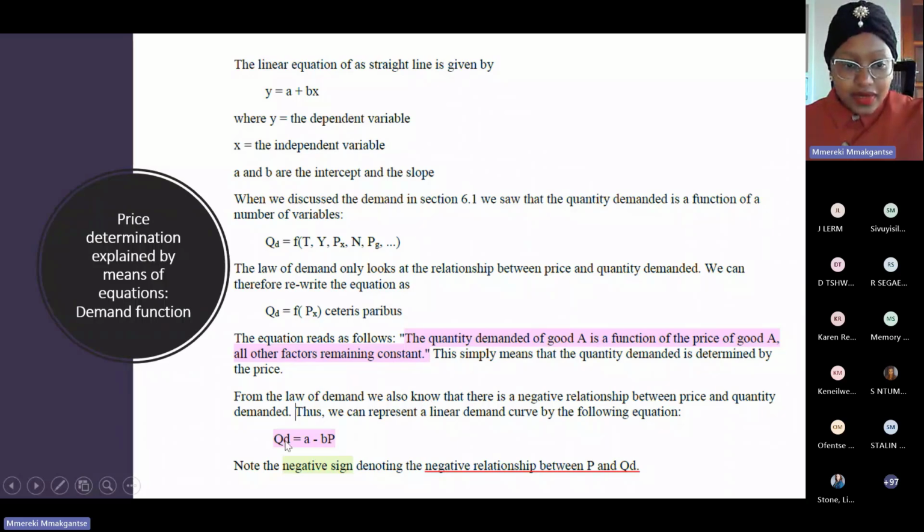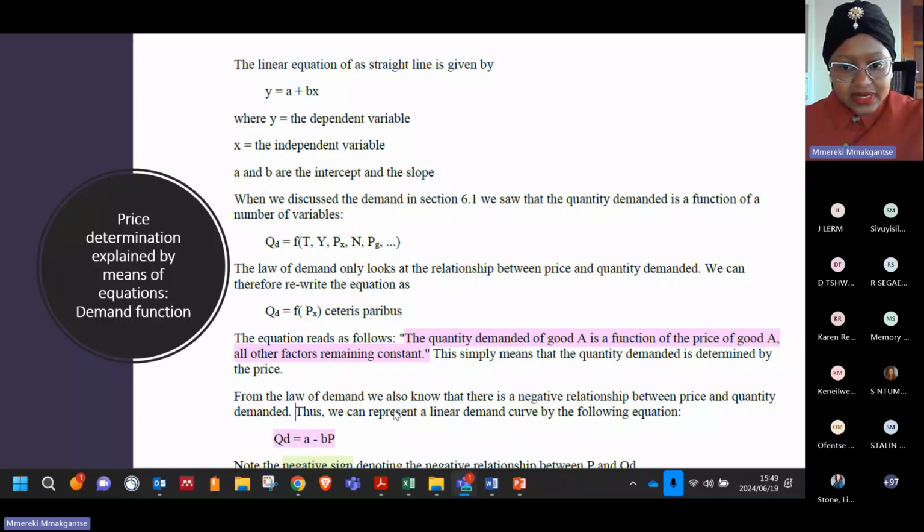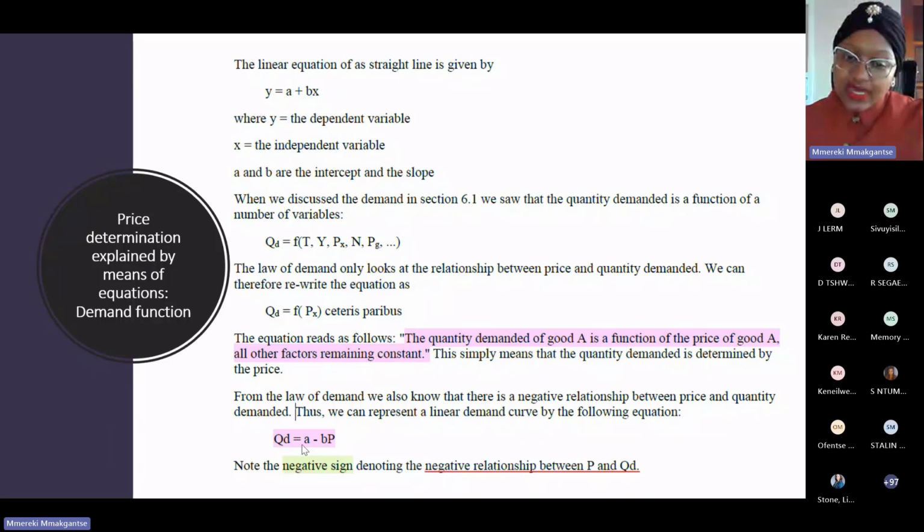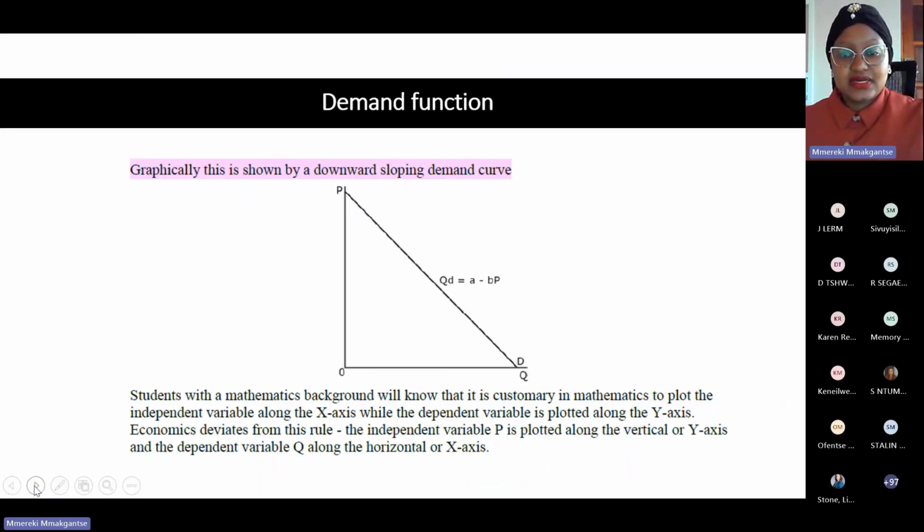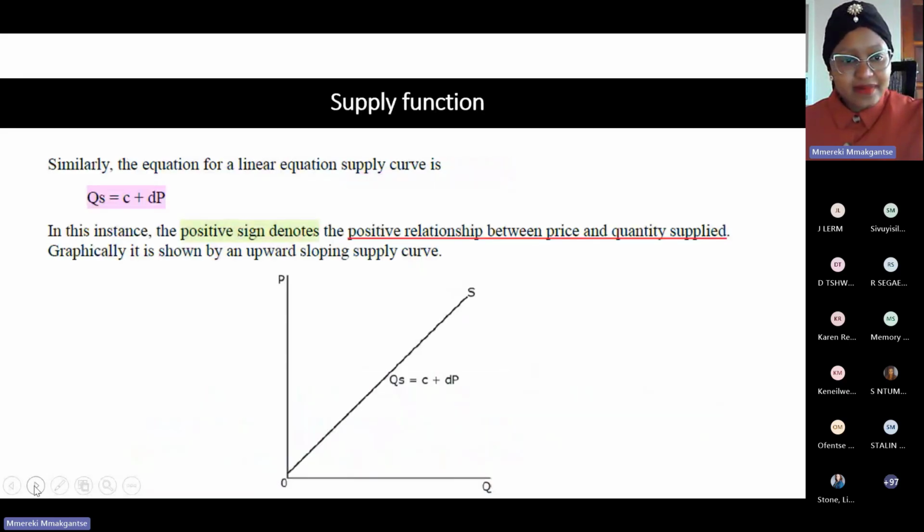We are repeating this because we just did it: in QD, the negative sign denotes a negative relationship between price and quantity demanded. We already saw this in the previous slides.